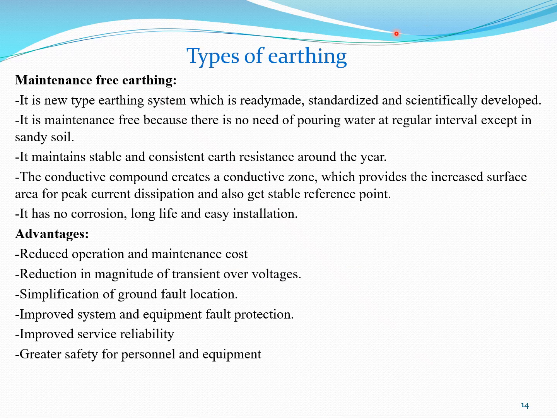Now, the last type of the earthing system is maintenance free earthing. In conventional earthing, materials like salt and charcoal are used to reduce the earth resistance. However, over time, the materials dissolve or dry out, increasing resistance and hence requiring regular maintenance.